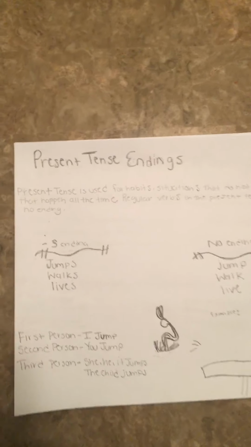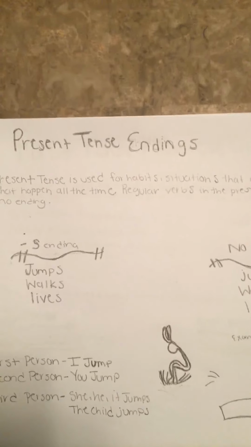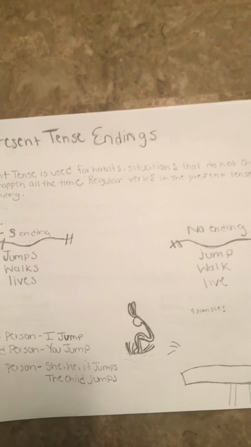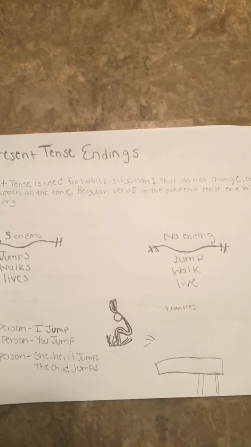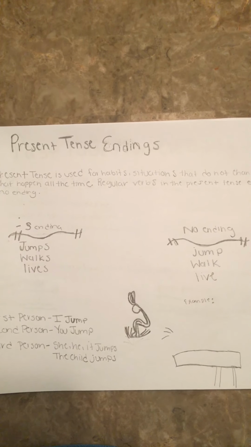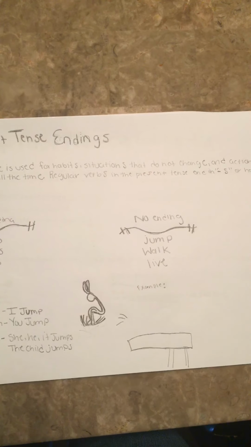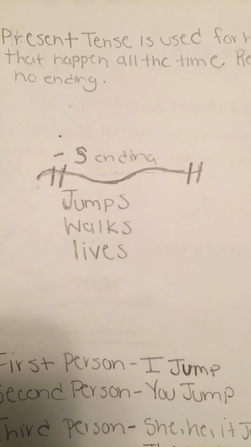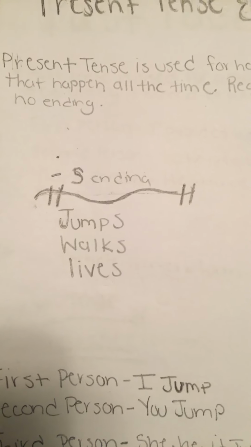Present tense is another form of verb tense: past, present. Present tense is used for habits, situations that do not change, and actions that happen all the time. Regular verbs in present tense usually end in s or just have no ending. For example, here are some words with present tense endings: jumps, walks, and lives.